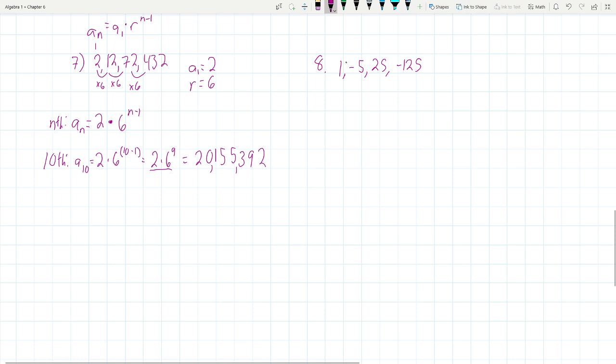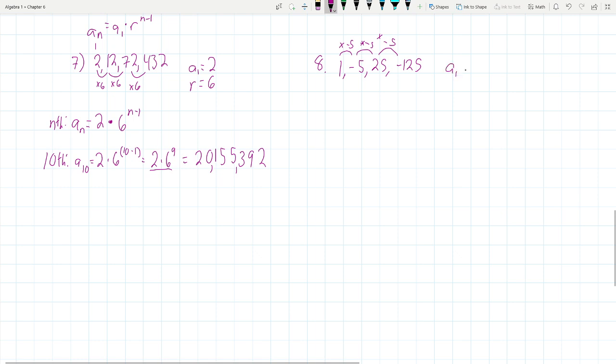If it's not alternating, it's an indicator that it's probably not geometric, because you have a squared and a not squared idea. So the question is how I go from 1 to -5. I can multiply by -5. And from -5 to 25, I multiply by -5, and then from 25 to -125, negative 5 again.